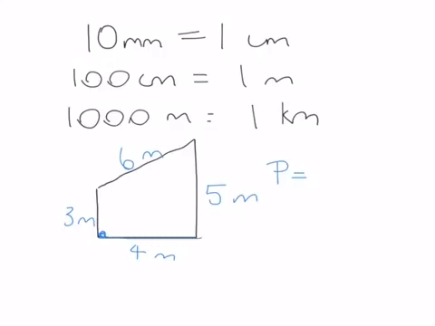So 4 plus up there 5, down that side plus 6, and then back to the start again plus 3. And if I add those numbers together, I get 18, but there is a unit there, so the perimeter is 18 metres.